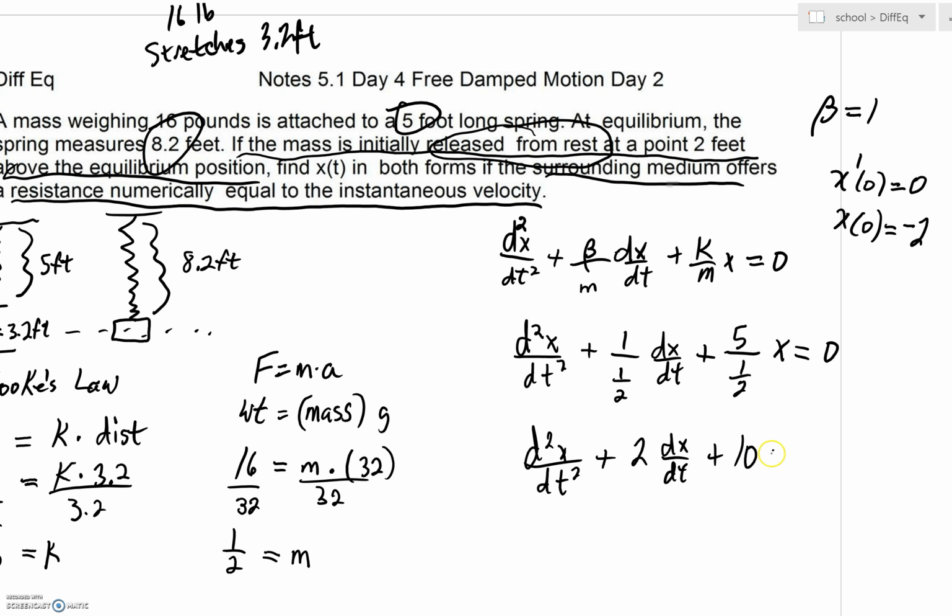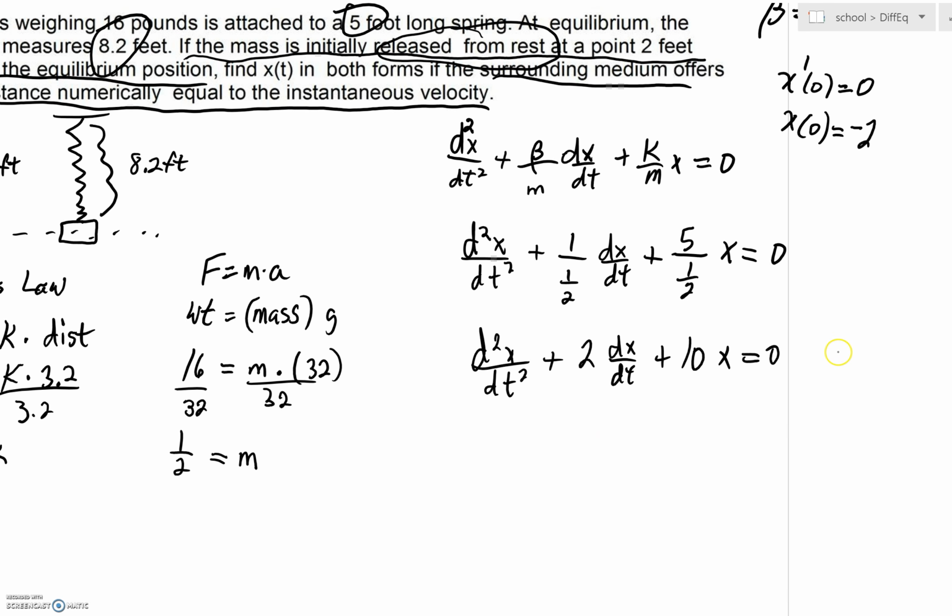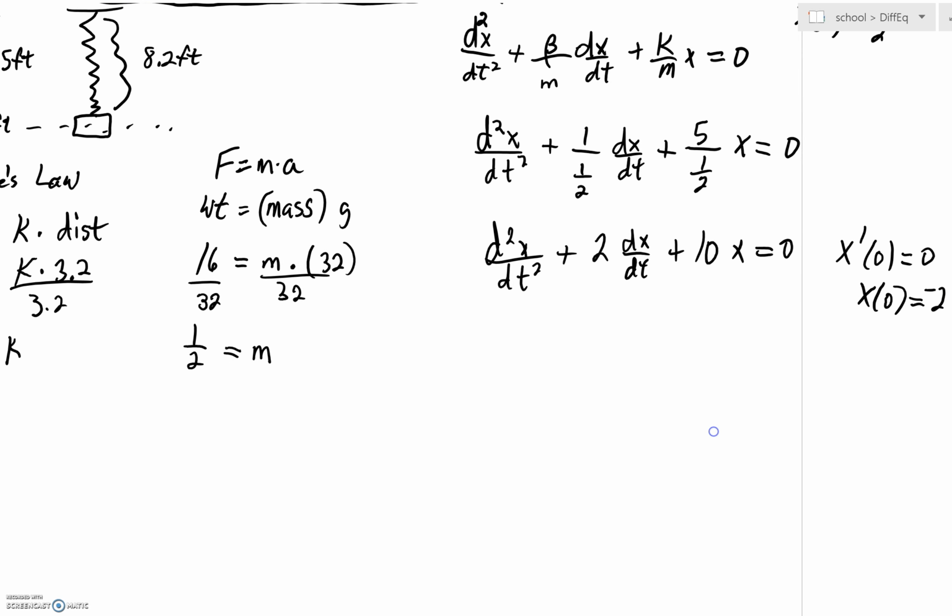That's a 10. Wow, look at this. And of course, we have our two initial conditions here as well. So we're going to have to find those constants. Well, at this point, I hope you can very quickly realize we have a characteristic equation.